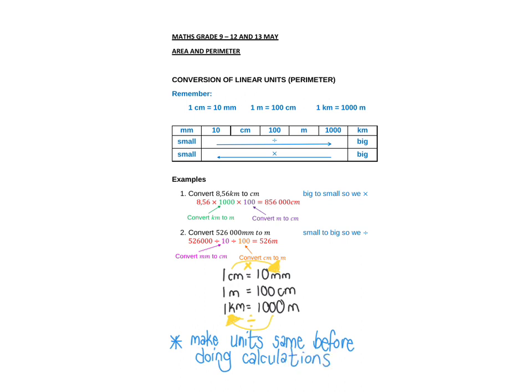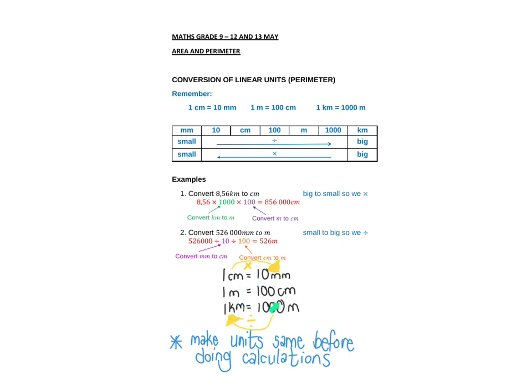So 8,56 kilometers to centimeters. In other words, we want to go from kilometers over here to centimeters all the way over there. That would mean we have to convert our kilometers into meters first by conversion factor 1,000, and we're going that way. See the arrow that way is times.